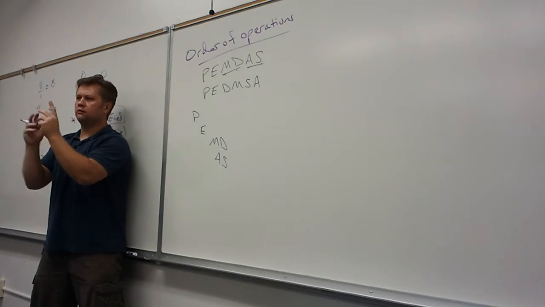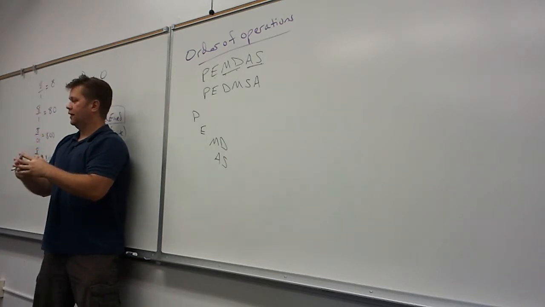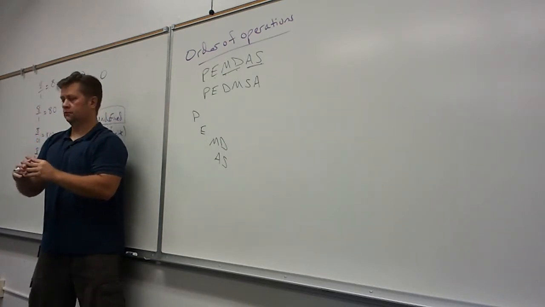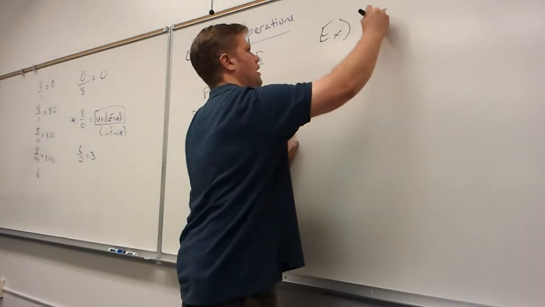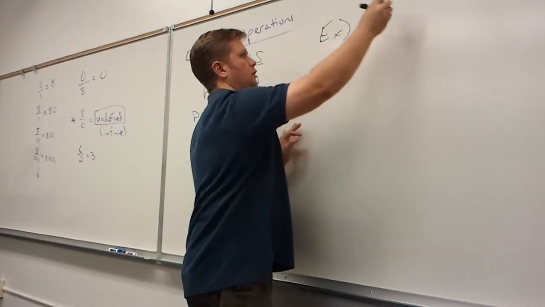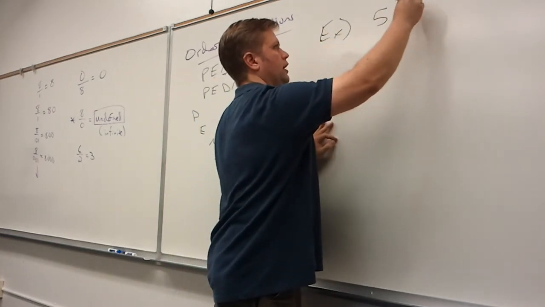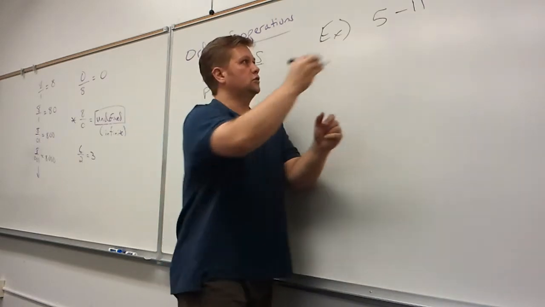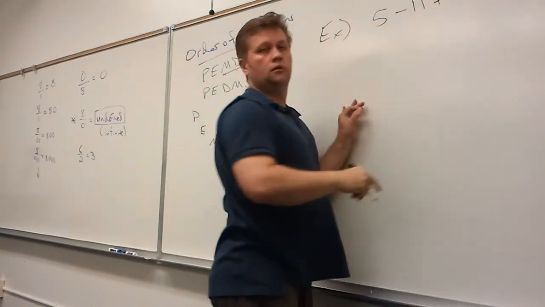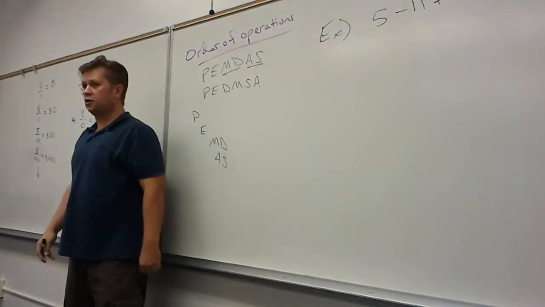So let me give you a really good real-life example of how messing this up would screw you over. Let's say you have $5 and you owe somebody $11, right? So that's bad. But then you walk along the street and you find a $20 bill. Well, then you should be good, right?